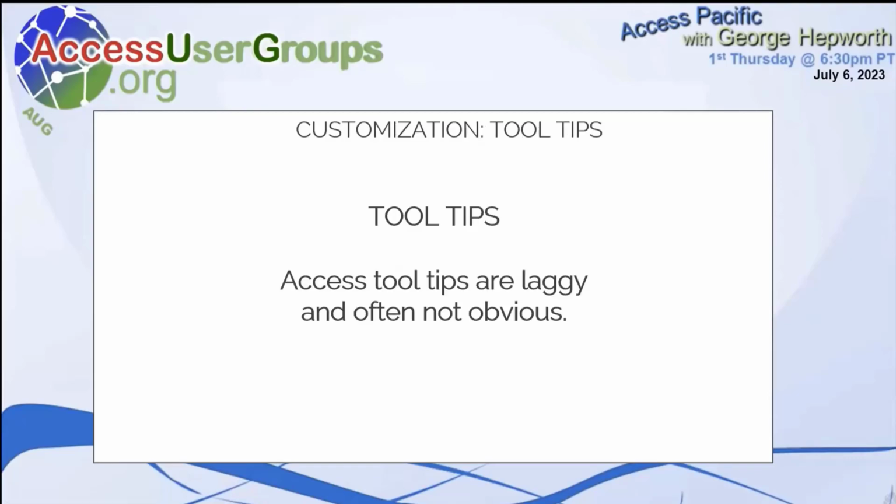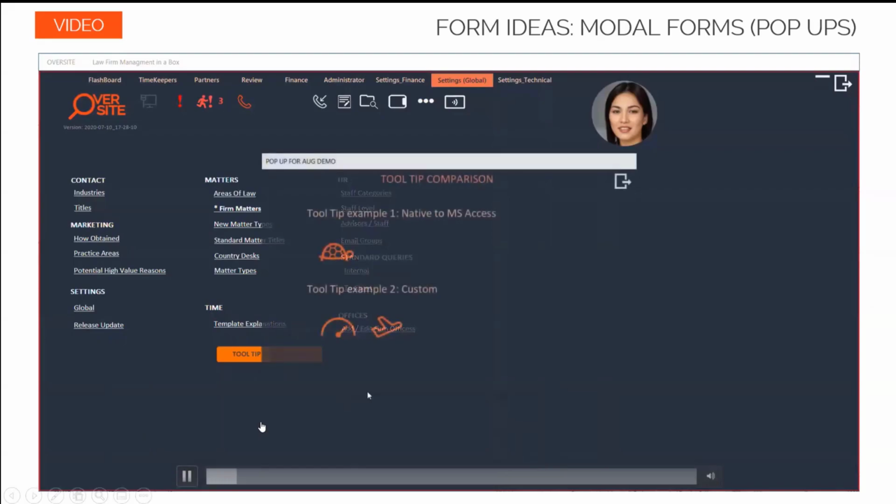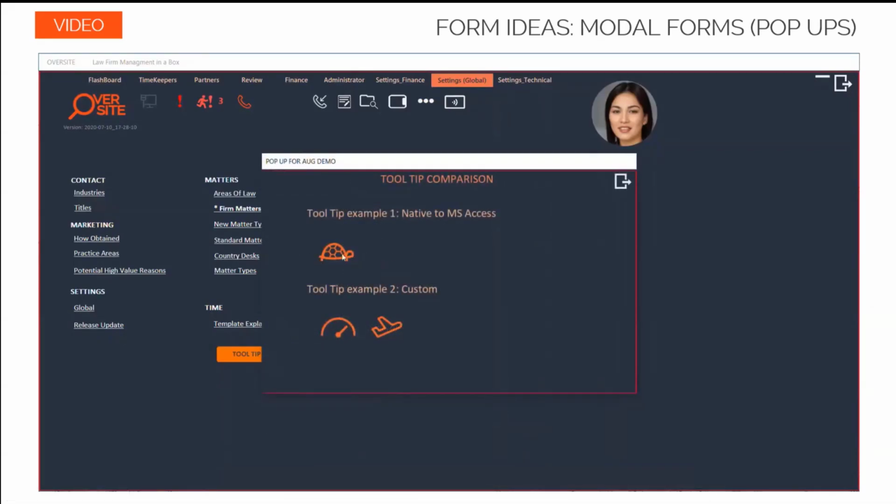So tooltips, we've got tooltips built into controls which pop up to show some instructive text. They're often laggy and they're often not obvious. So I've got a little video here. I've got a pop-up window, and I'm swiping across the tortoise icon, and nothing happens. I've got to hold it there before the tip comes up.